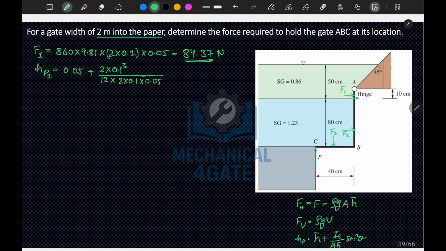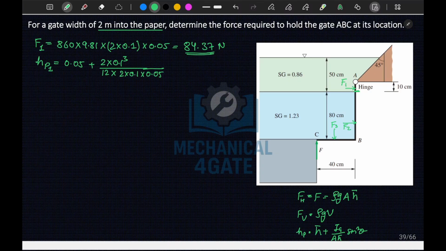This will become 1 because it is a vertical surface. Now if we solve this, this will become 0.002 divided by 12 divided by 0.2 divided by 0.05. So this comes out to be, okay, and add 0.05 to this, so this comes out to be 0.067 meters. This is your HP1.